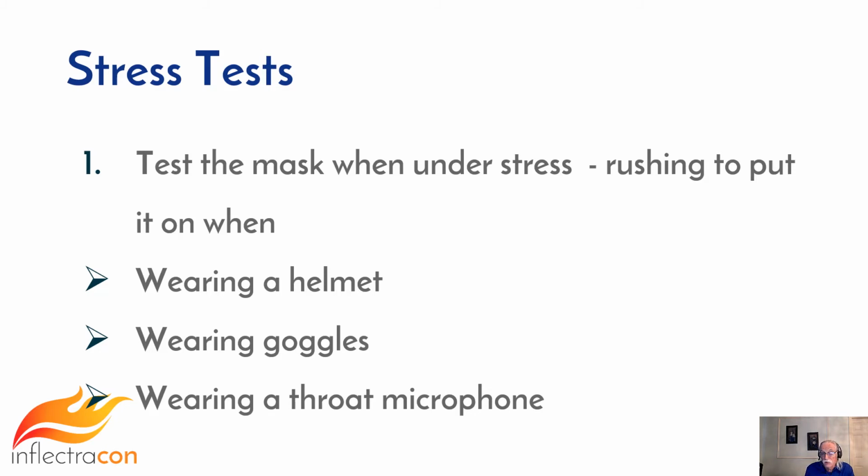But these are all conditions that these people work under on an ongoing basis. So they need a mask that suits when they're wearing a helmet, somewhere to hook it to, when they're wearing goggles and need to be able to see, not just under conditions of normal wear, but under conditions of stress as well, and potentially wearing a throat microphone.